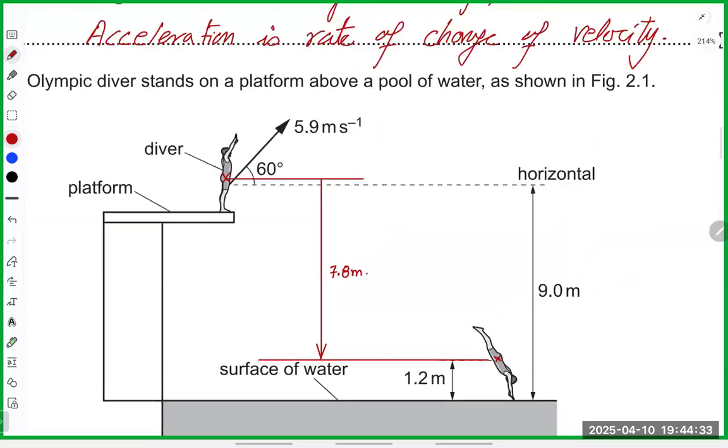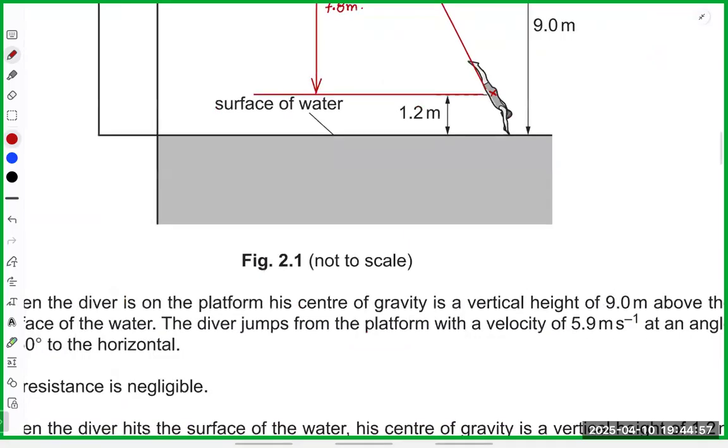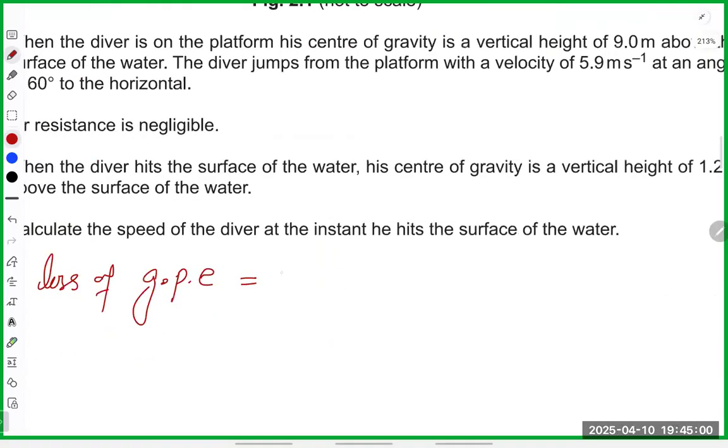Now, the object might have gone up and then fell down like this, but overall, the object has gone down by 7.8 meters. So the object, or in this case the diver, has lost gravitational potential energy. This loss of gravitational potential energy should be equal to the gain of kinetic energy.